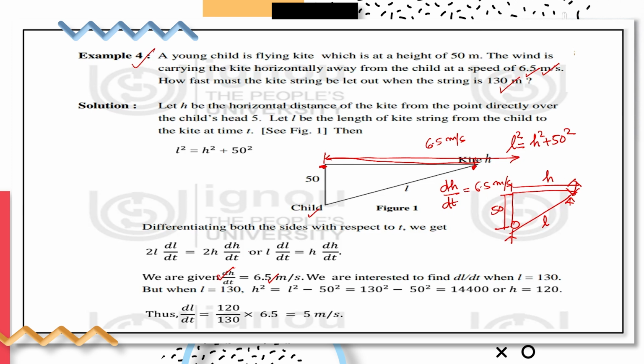So, we need to differentiate equation number 1 with respect to time, applying the formula d by dx of x to the power n is equal to n x to the power n minus 1. Differentiating both sides you will get 2L into dL by dt is equal to 2h into dh by dt.